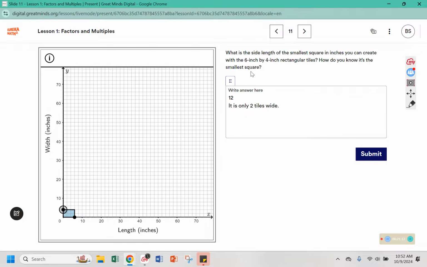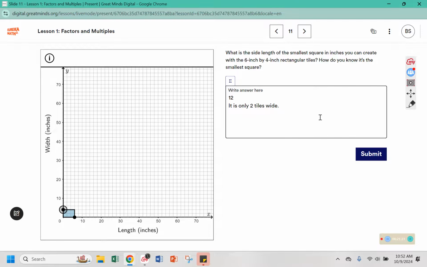Or I have that backwards, but it's 6 wide and 4 tall. The next one would be 8, but we've surpassed the 6. So it is only 2 tiles wide. That is the lowest number of tiles that we can use. We also created that list and you saw that it was the lowest one they had in common.